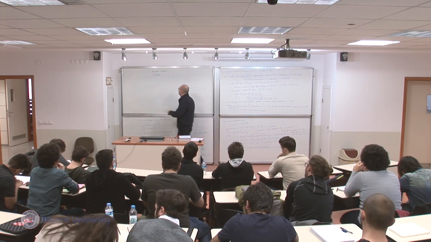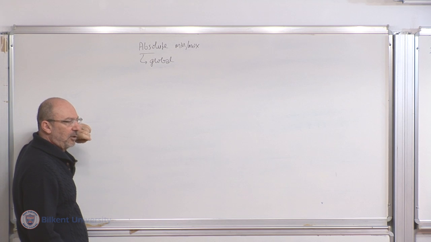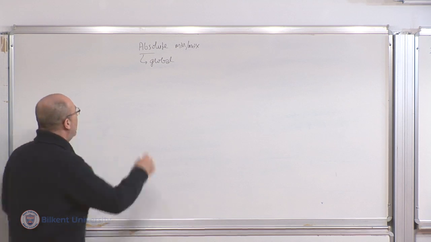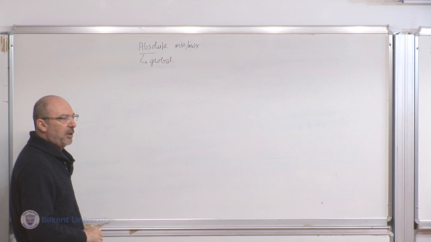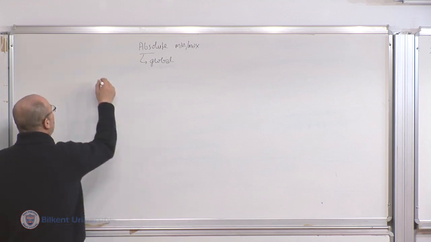That's the absolute minimum and maximum: the largest value and the smallest value of the function restricted to a set. Here we will use the following idea, which we did in the first few weeks of calculus last semester.